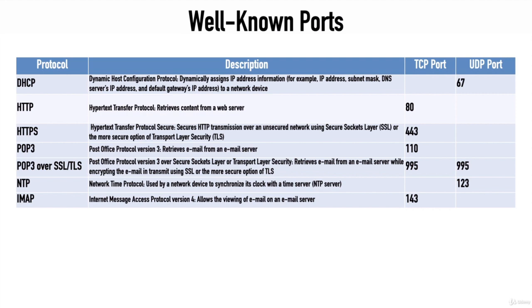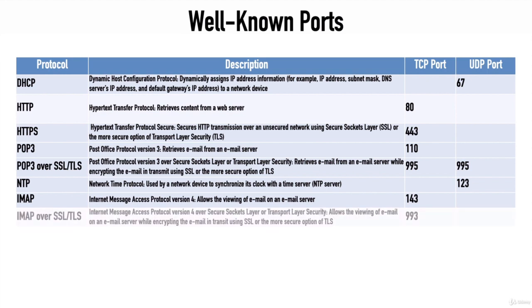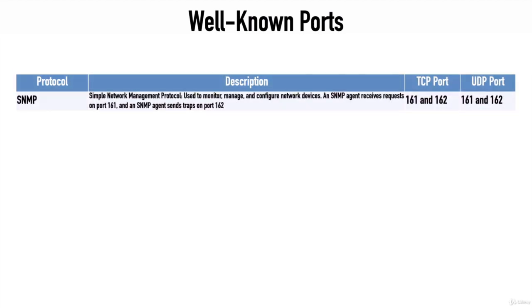Just like POP3, this isn't secure by itself, but we can use that in combination with SSL or TLS over TCP port 993. Next, we have SNMP, Simple Network Management Protocol. This is a way that we can monitor or manage or even configure network devices. We use ports 161 and 162 to do that, either TCP or UDP.